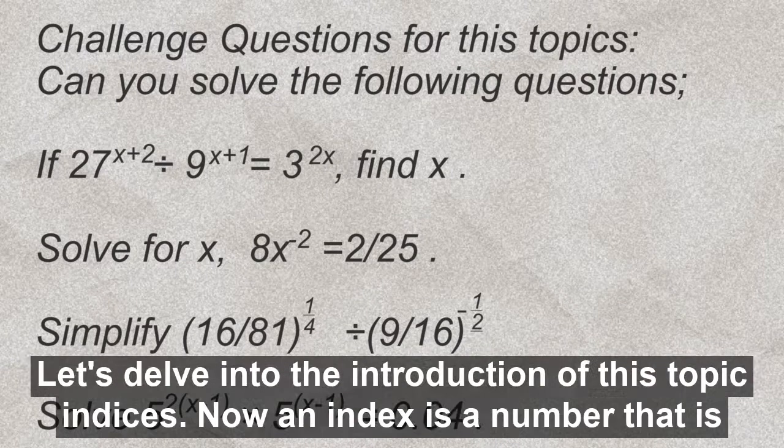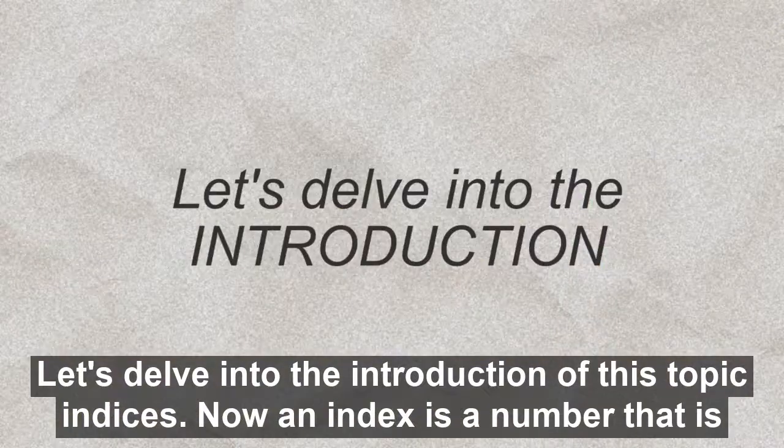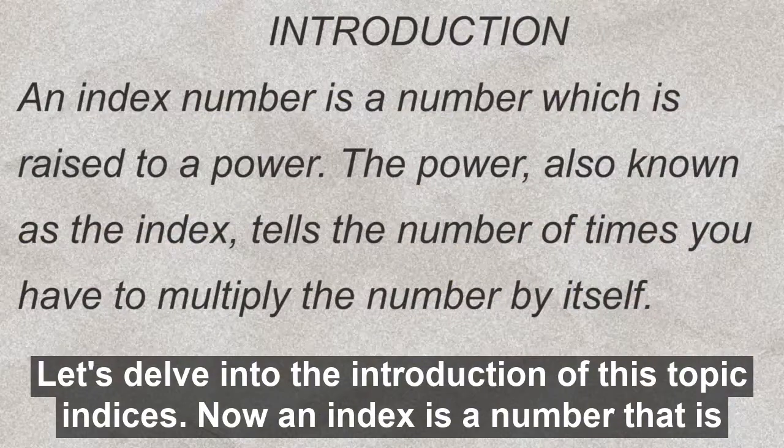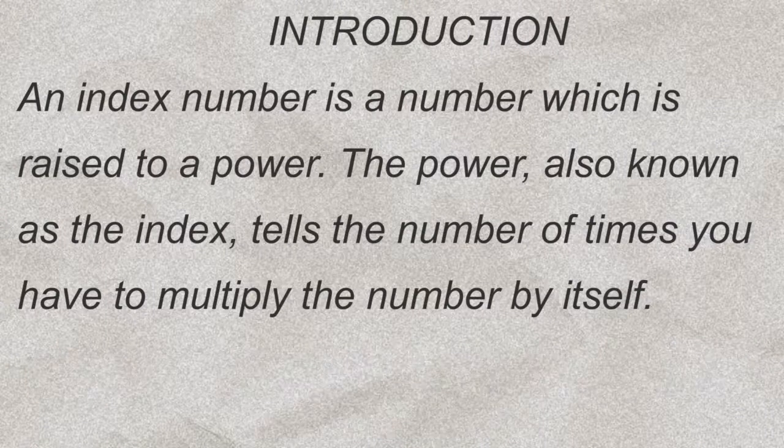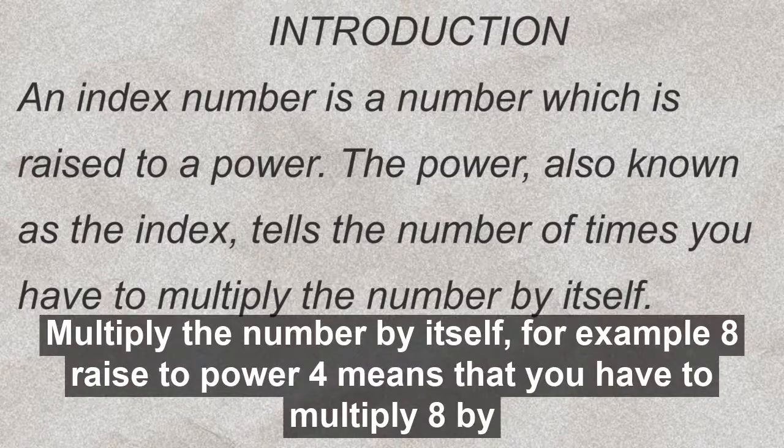Now to start with, let's delve into the introduction of this topic, indices. Now, an index, that is the singular of indices, is a number which is raised to a power. Now, the power, also known as the index, tells the number of times you have to multiply the number by itself.